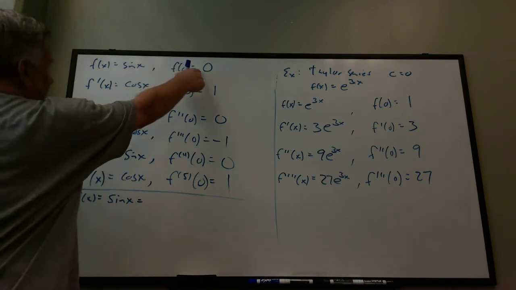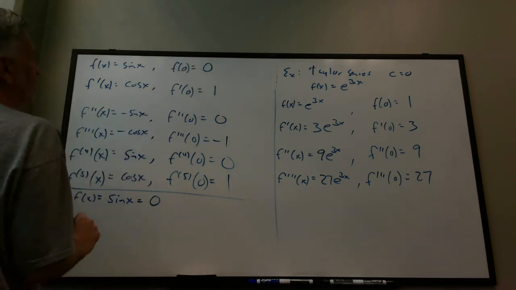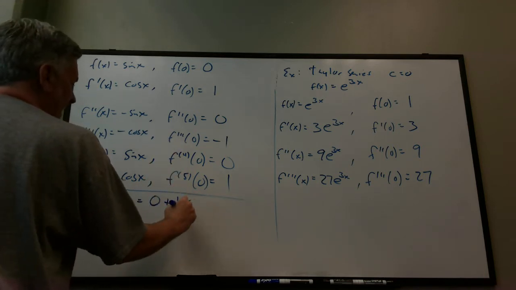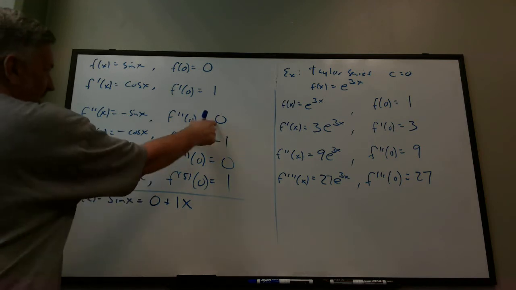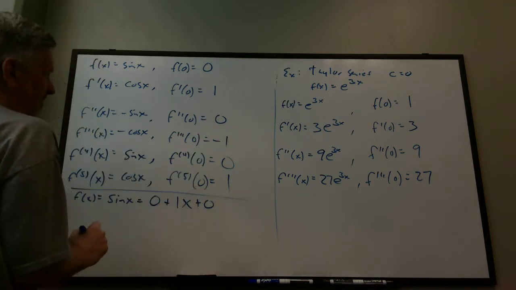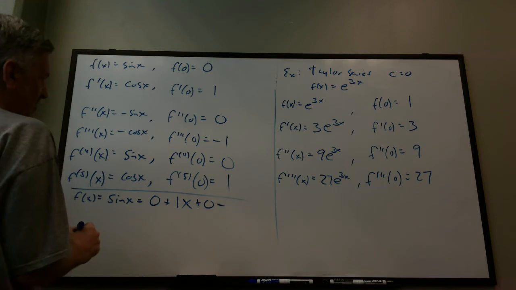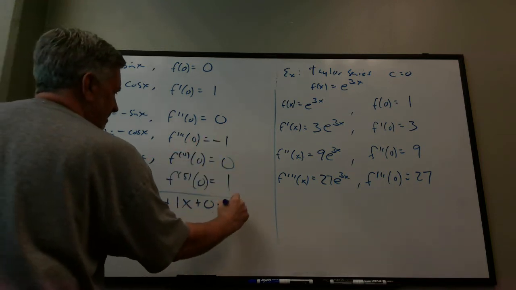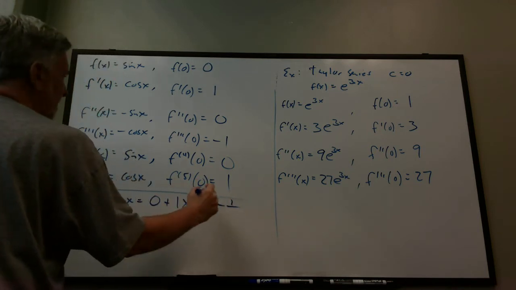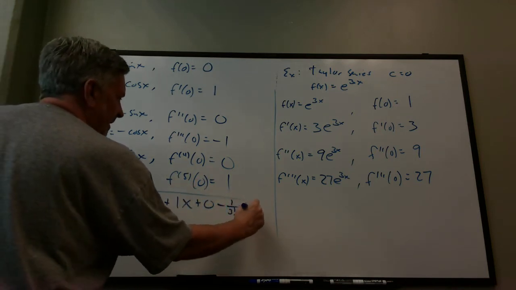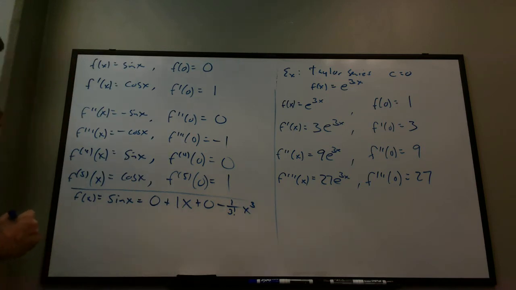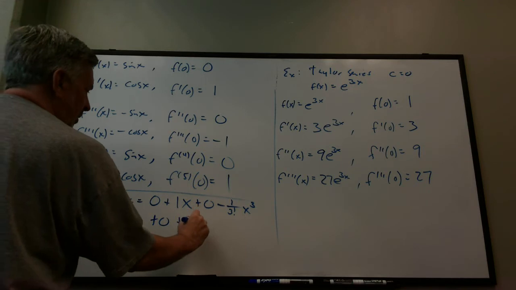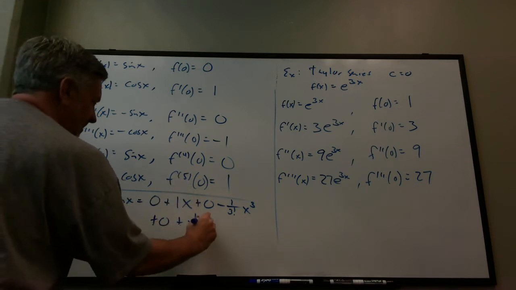So it's f of 0, that's 0, plus 1 times x, and then plus 0 for that one, and then minus 1 over 3 factorial x cubed, and then plus 0, and then plus 1 over 5 factorial x to the 5th.